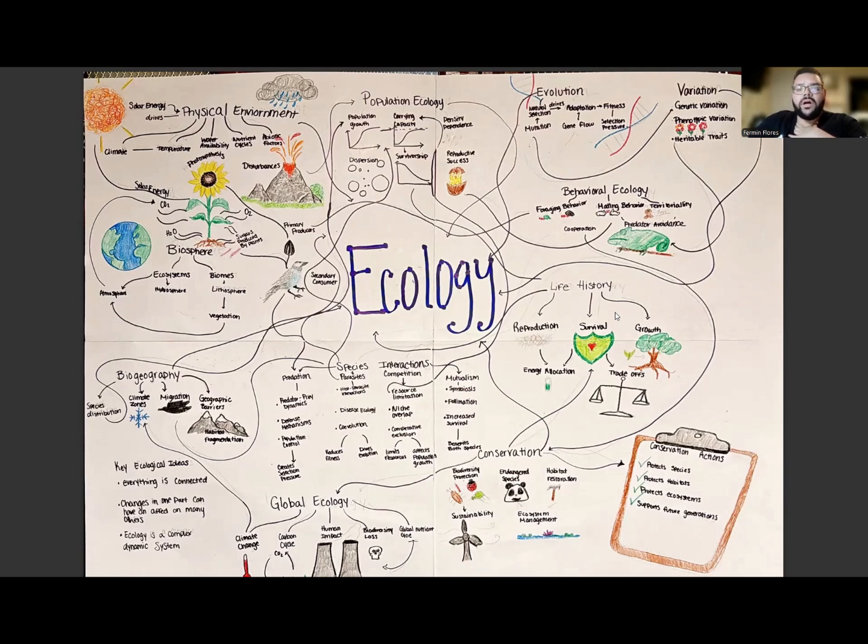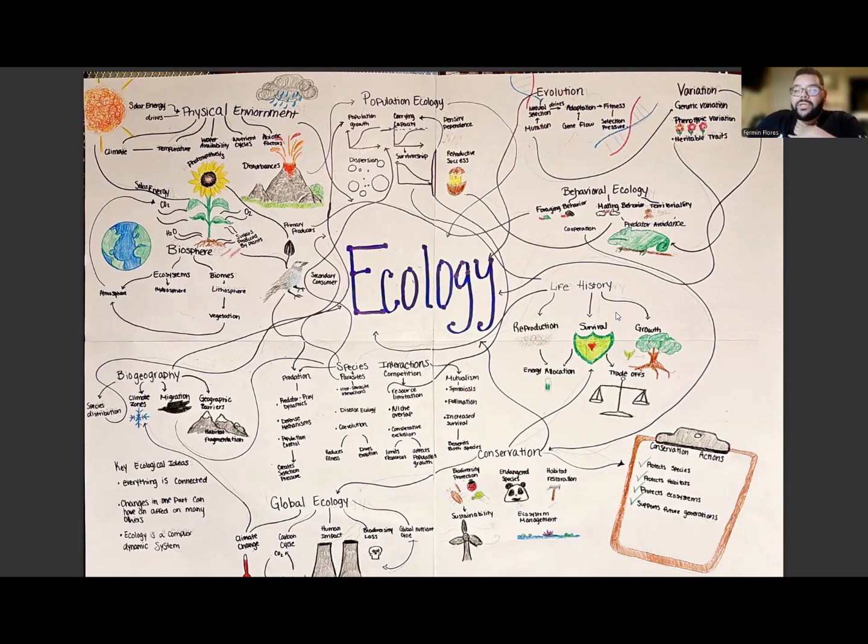Finally, I included conservation biology. This section includes biodiversity protection, endangered species, habitat restoration, sustainability, ecosystem management, and conservation actions. Conservation biology focuses on protecting ecosystems and maintaining biodiversity.